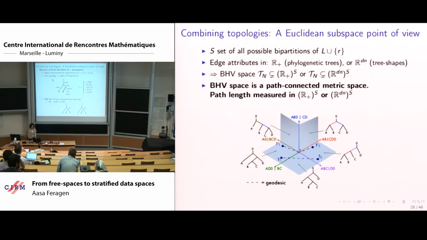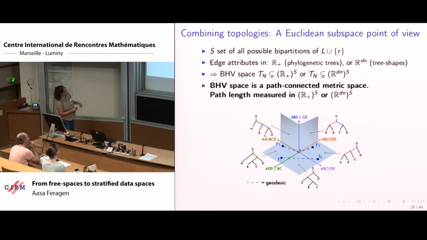So in particular, if you consider the set of all possible bipartitions of the label set, and you consider your edge attributes, whether they are lengths or Euclidean vectors, well, you can embed your BHV tree space, or you can parameterize it using the label set to the power of your bipartition set.